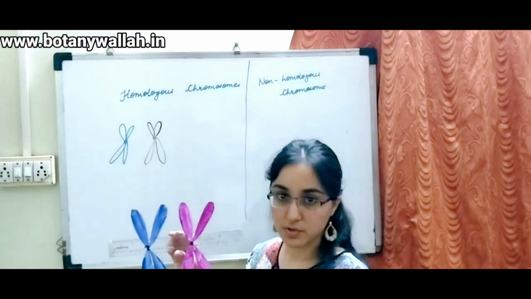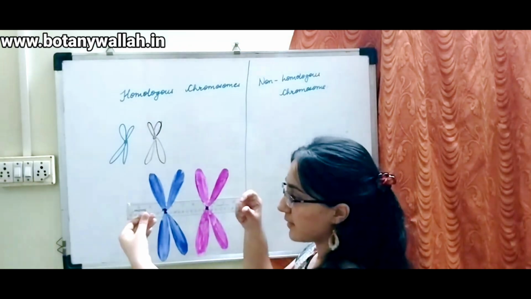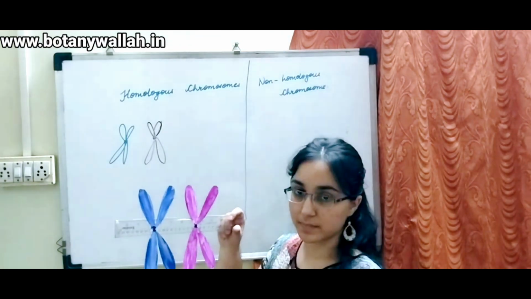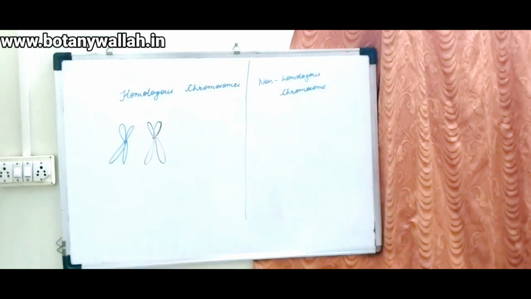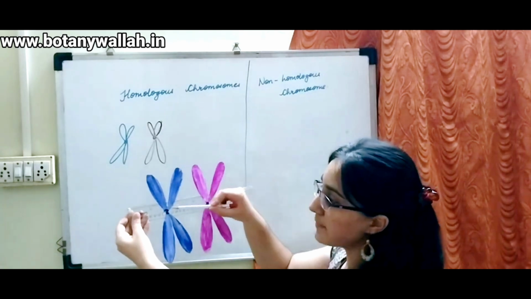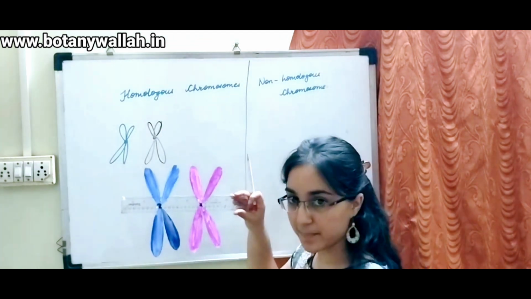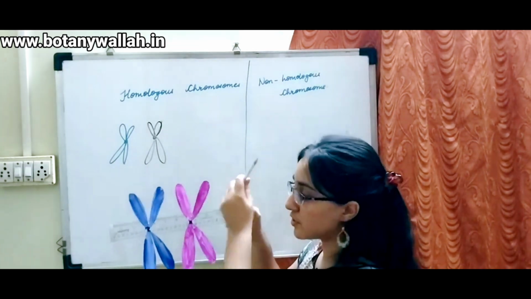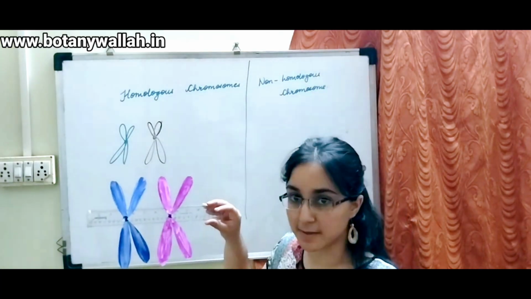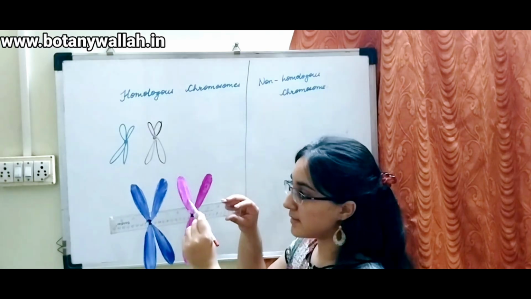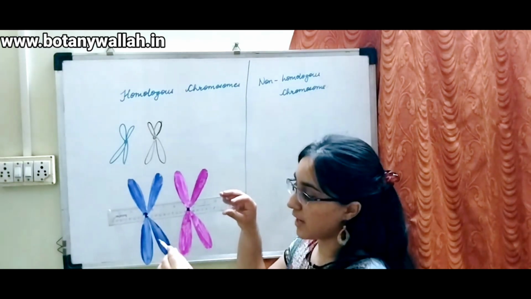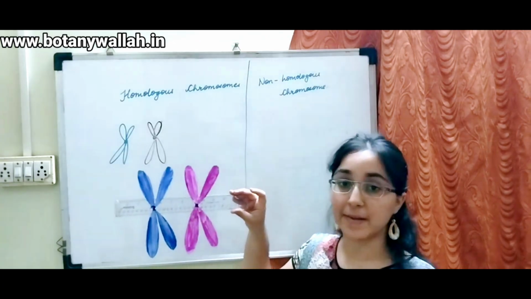So homologous chromosomes are there. You can see that these chromosomes are exactly identical to each other. How are they identical? If you see the size, the arm sizes are exactly the same. The centromere position is exactly the same. Even this P arm and this P arm are the same in length and size, and this Q arm and this Q arm are the same in length and size.